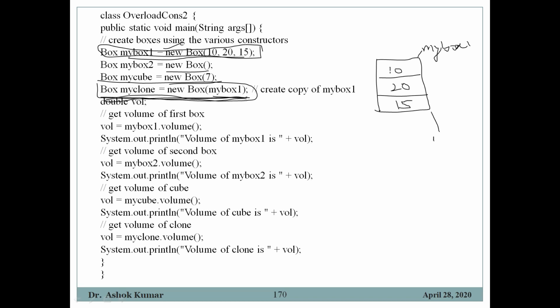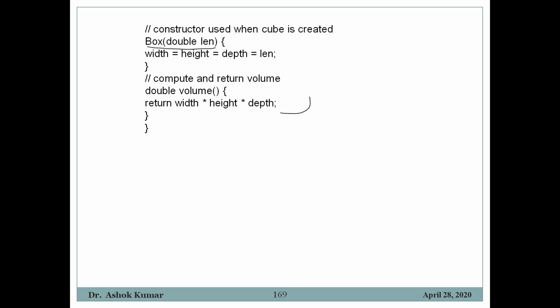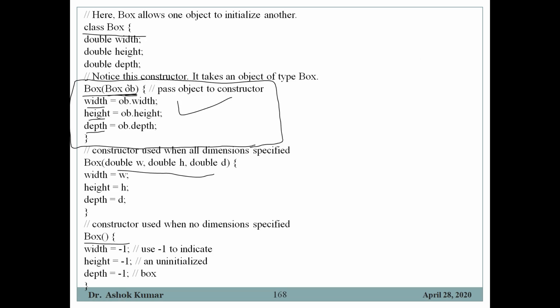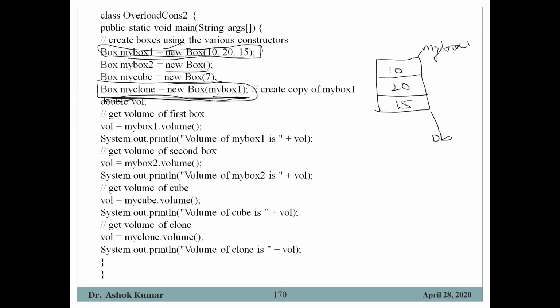This my box one will be passed to the constructor, and OB will become the reference of that. And here we are copying the OB width, height, and depth into width, height, depth.